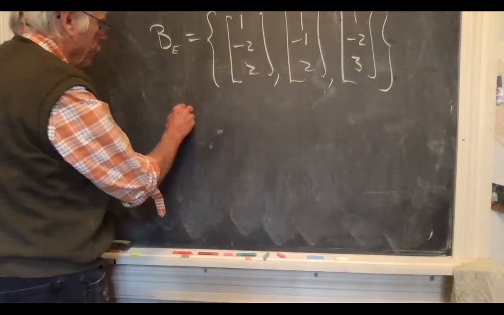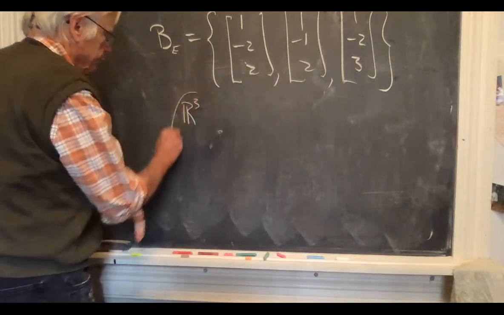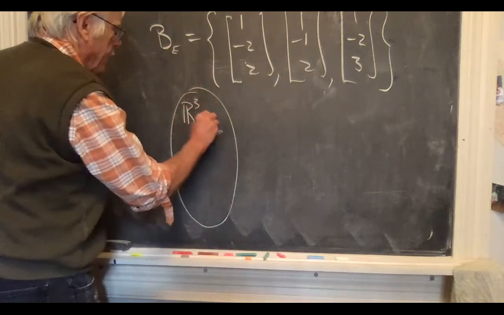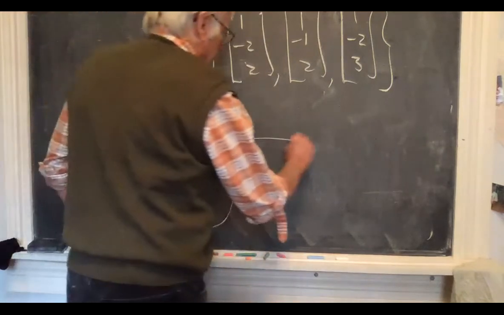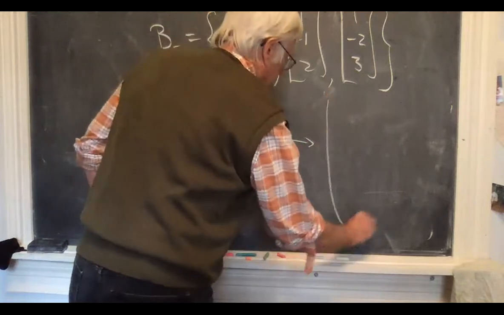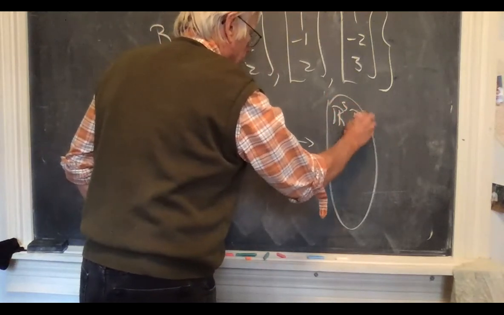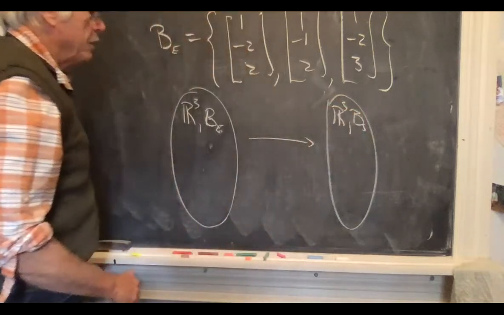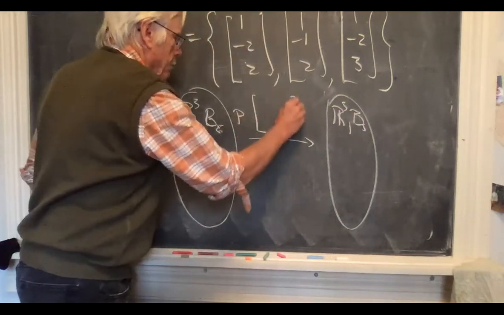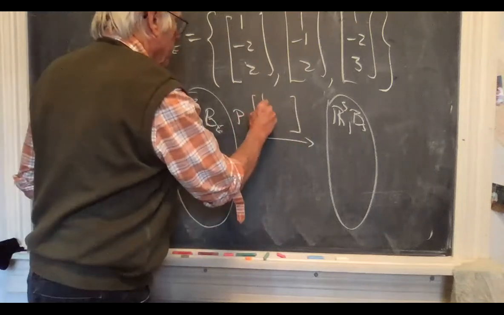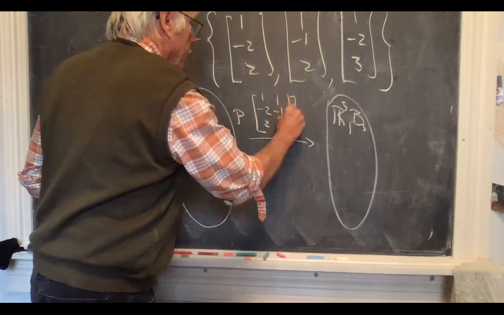So now, if we take 3-dimensional space with this eigenvector basis, B sub E, and transform from 3-dimensional space with the standard basis, the matrix that does that, P, is the matrix with columns 1, minus 2, 2; 1, minus 1, 2; and 1, minus 2, 3.